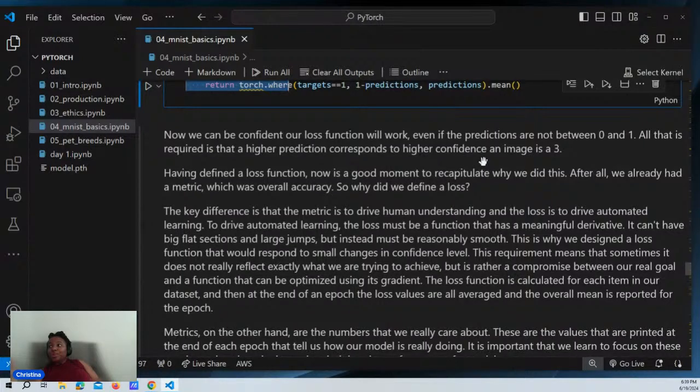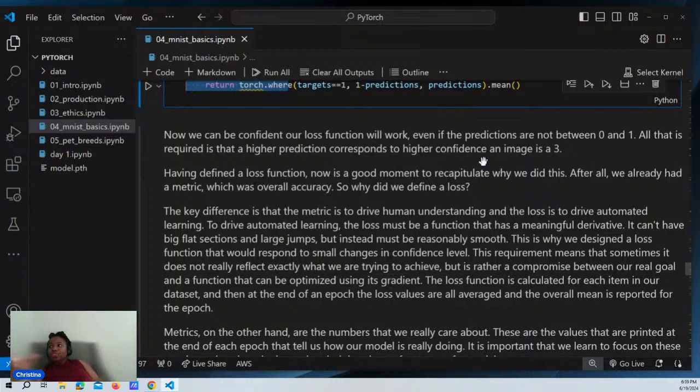This is why we designed a loss function that would respond to small changes in the confidence level. This requirement means that sometimes it does not really reflect exactly what we're trying to achieve, but rather a compromise between our real goal and the function that can be optimized using its gradient.